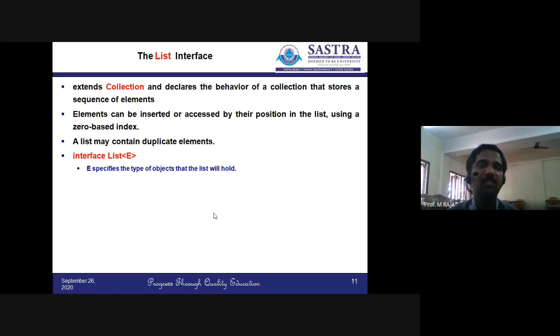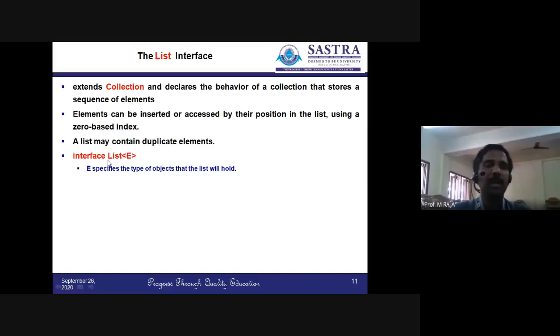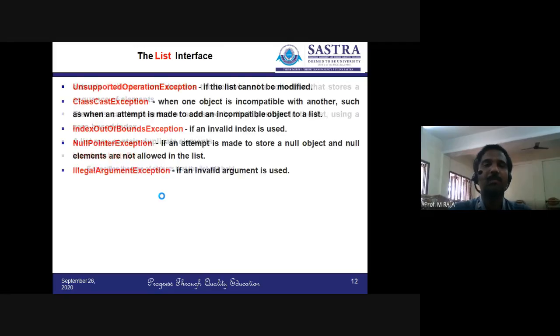The general form of a List interface is also defined like a generic class, for example integer type, character type, floating point type. The interface List has been made a generic one.